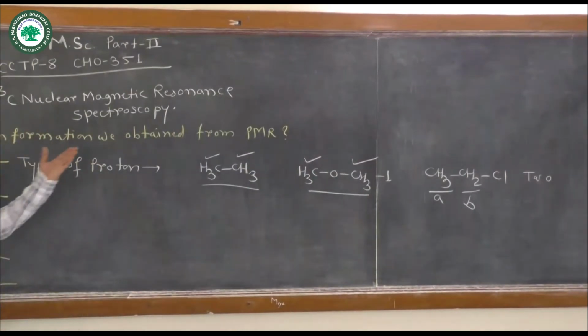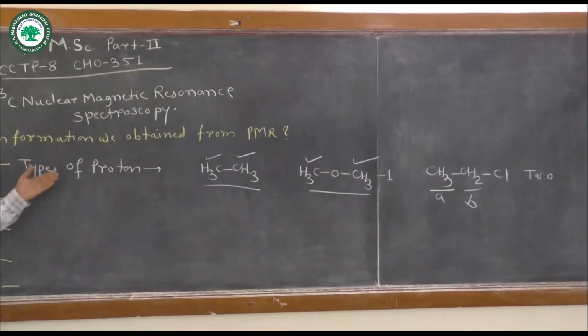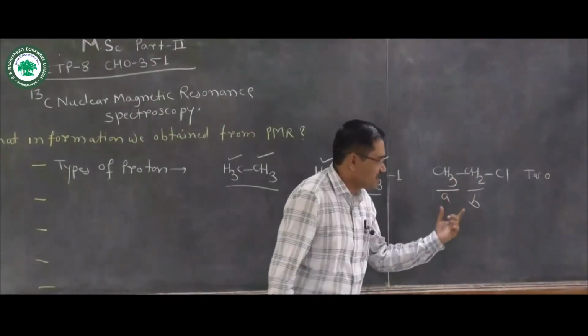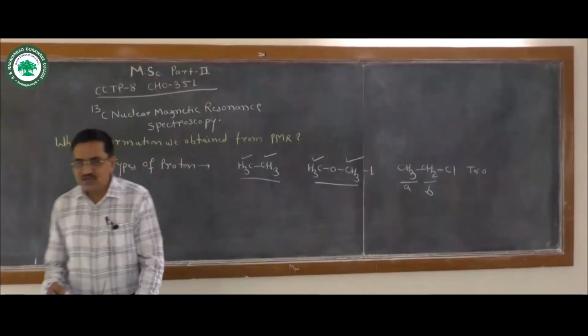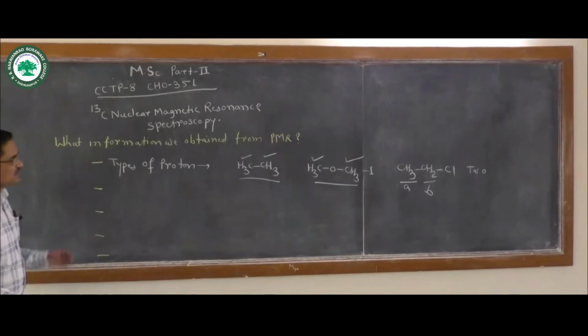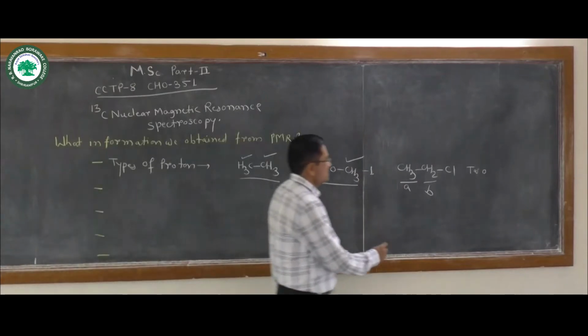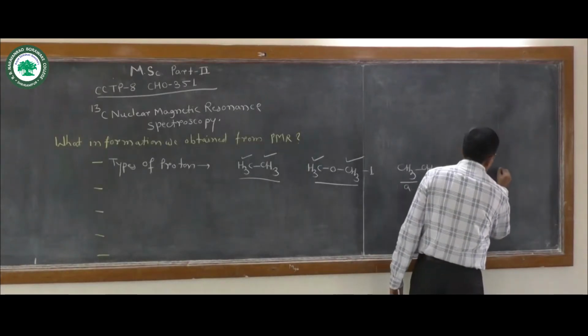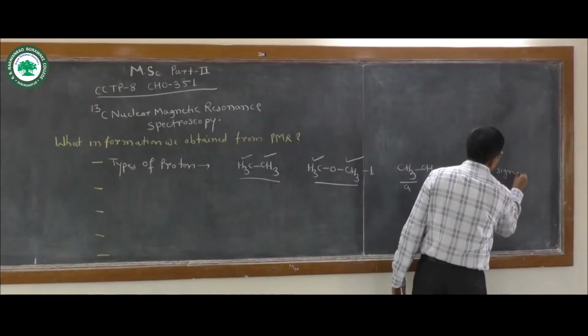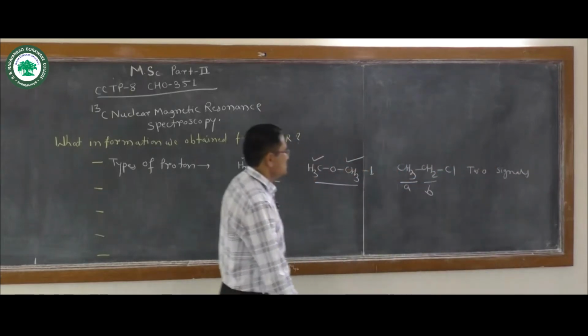Means in PMR, the types of proton depend upon the different chemical environment. And one important thing here: when there are different types of proton, they give different signals. This compound gives two signals.